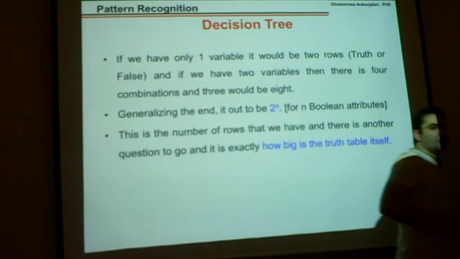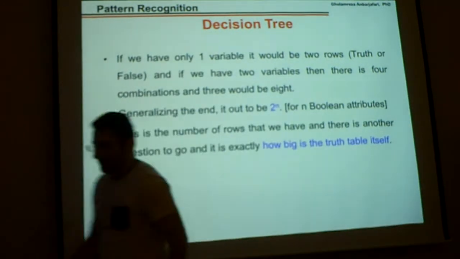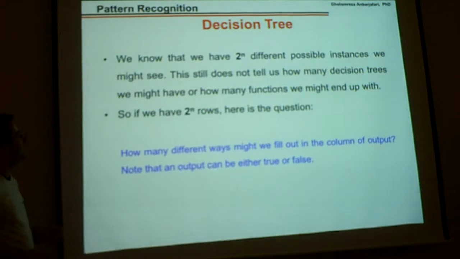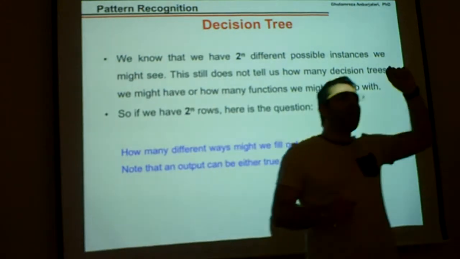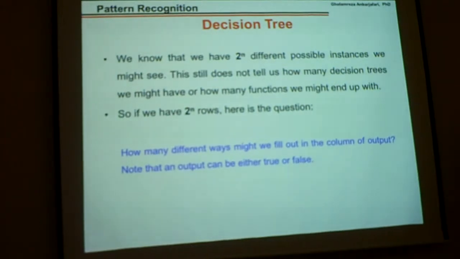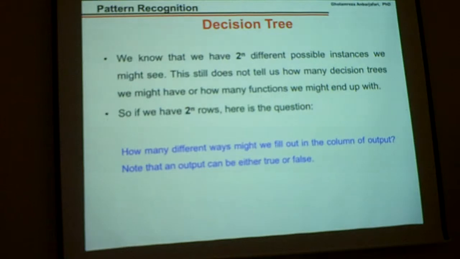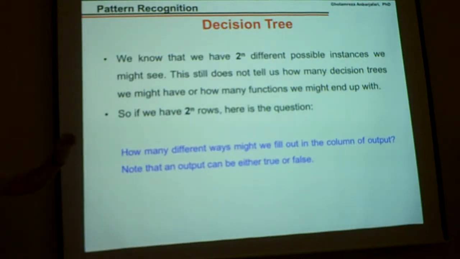Now, the next question that we have is how big actually the whole truth table is. In order to answer that, we know that we will have 2 to the power n different possibilities of choosing the instance. If you want to build your truth table, we know that we will need 2 to the power n different possible instances.